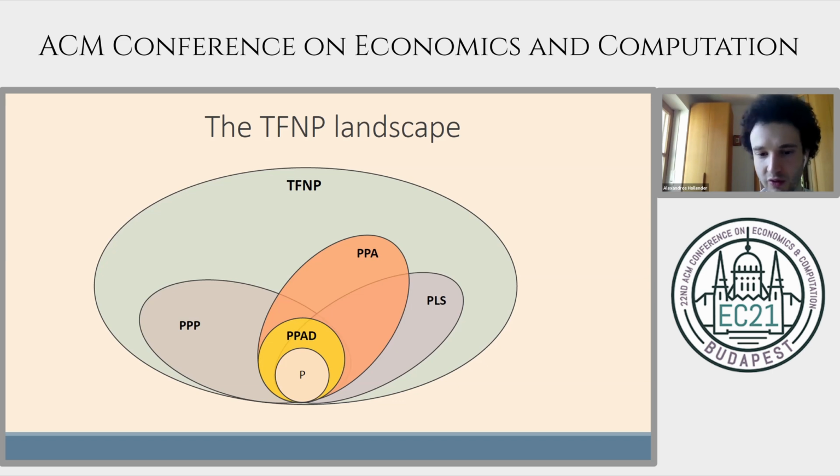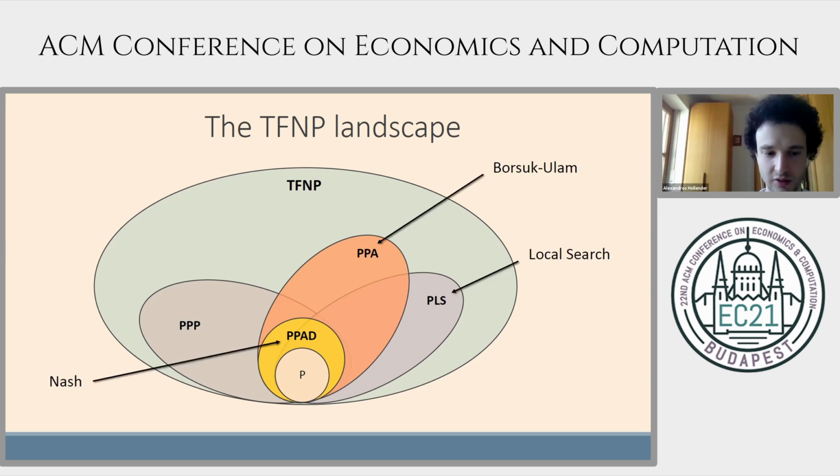So I have pictured some of these subclasses here, but I'll just say a little bit about that. PPAD is mostly famous because it captures the complexity of computing a Nash equilibrium. PLS has been very successful in capturing the complexity of various local search optimization problems.